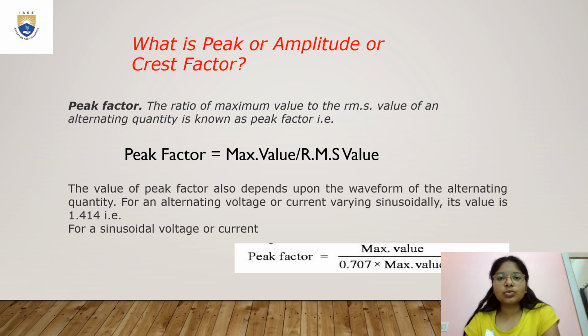For an alternating voltage or current varying sinusoidally, its value is 1.414. Peak factor is equal to maximum value by 0.707 into maximum value.